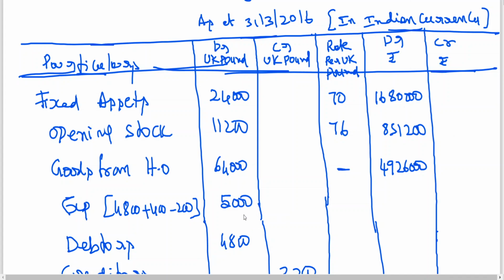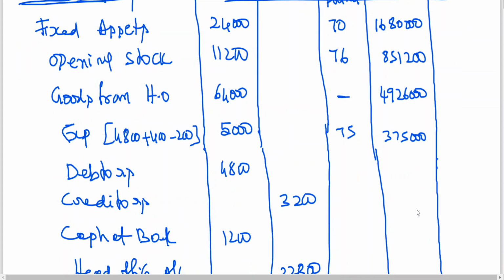And 5,000 for this one. I told you to go for the average. Average is 75. 5,000 into 75, I've already calculated, it is coming to 3 lakhs 75,000. Debtors, we should go for closing. What is the closing rate? 77.